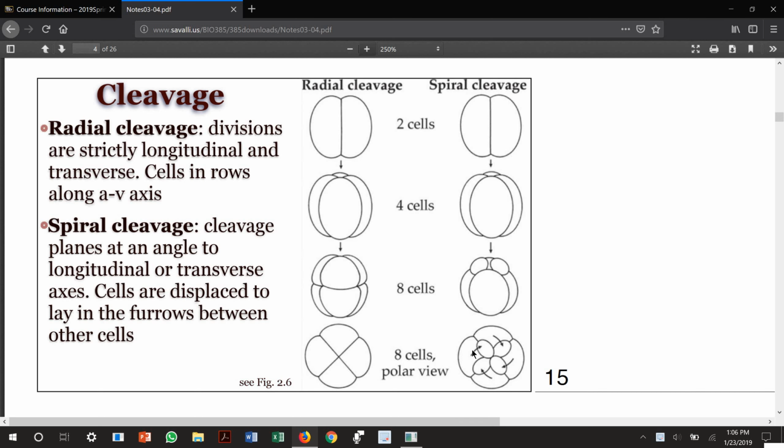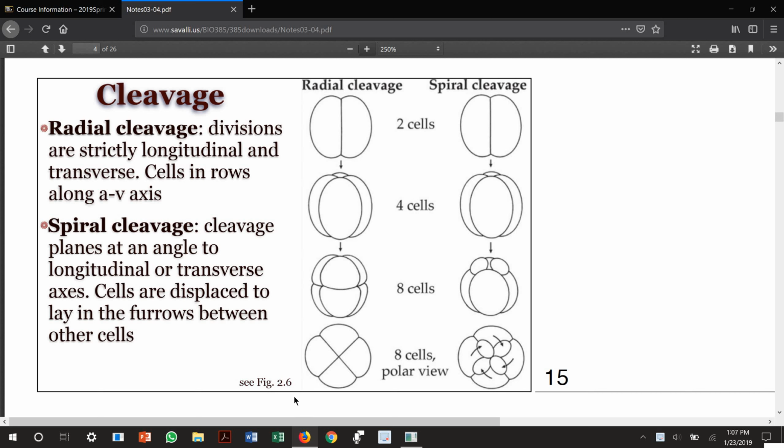If you're looking from the polar view, looking down from the animal pole, for example, the cells seem to shift over and sit in the grooves between the cells below them. And again, they might be the same size or different size, and that can be the case in either one of these. Okay, so this is radial cleavage, where the cells are lined up, and spiral cleavage, where the cells are offset.